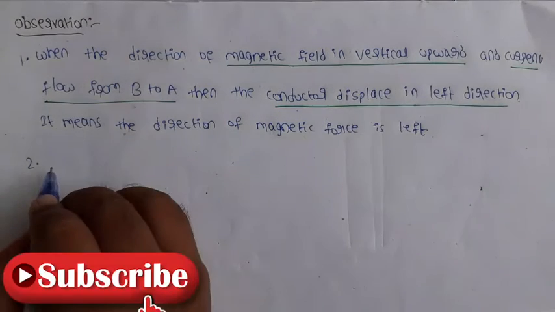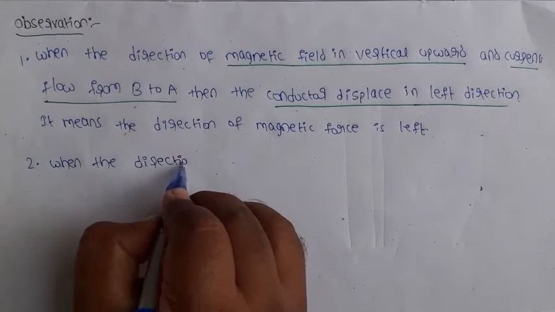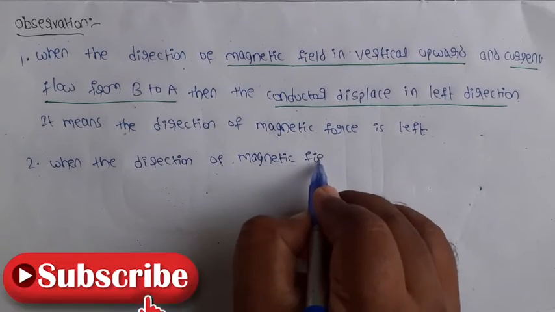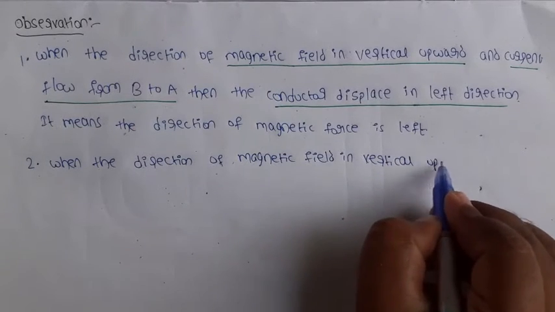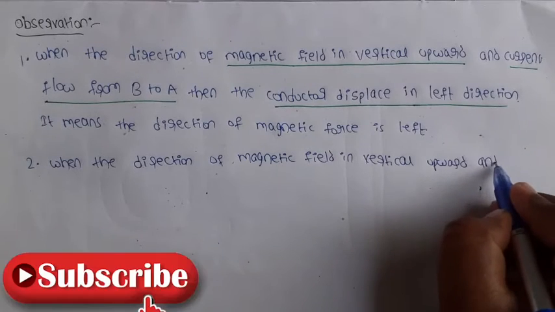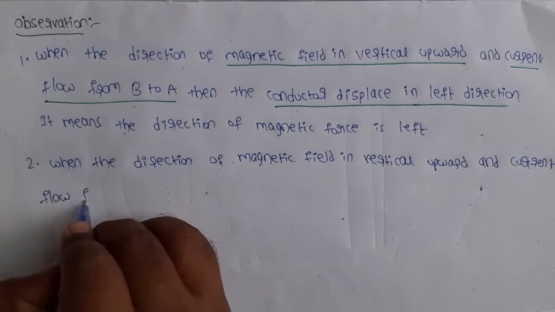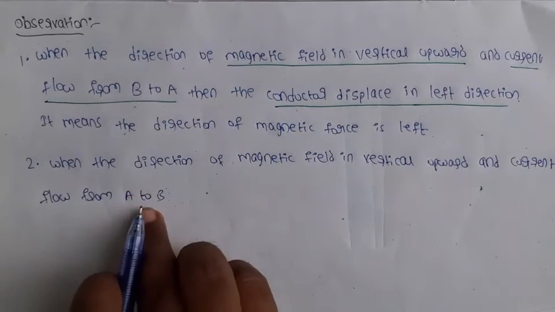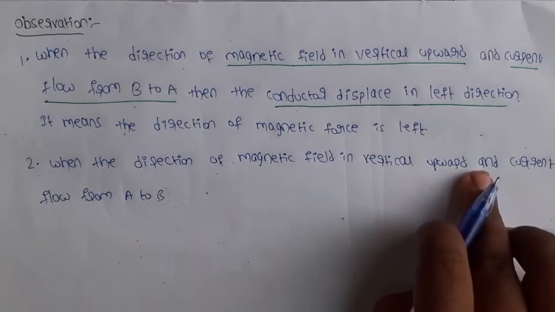Next, second observation: when the direction of the magnetic field is in the vertical upward direction, and current flows from A to B. Here it was B to A, but here the current direction is changed to A to B, but the magnetic field direction is not changed.